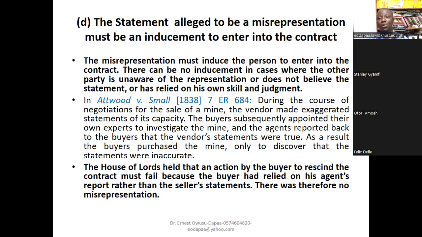There was therefore no misrepresentation. So this reinforces the point we've made that where a statement is made and you choose to verify the statement, and having made your own verification, you go ahead, make the contract, and the statement turns out to be untrue later on, you cannot complain of misrepresentation. So let us take note of that. It's very important.